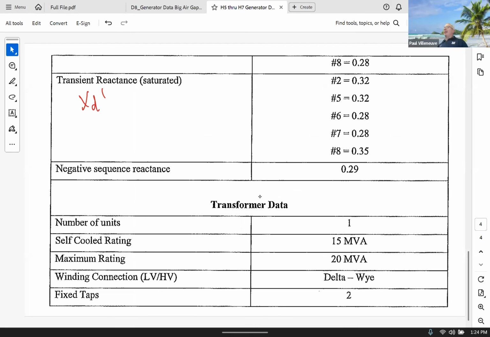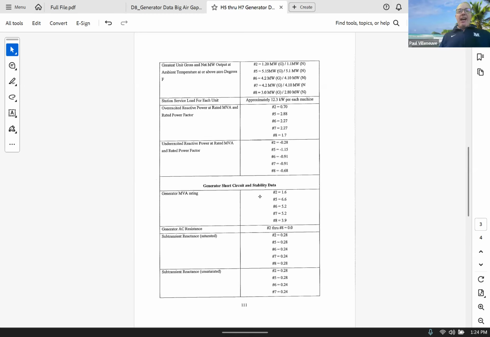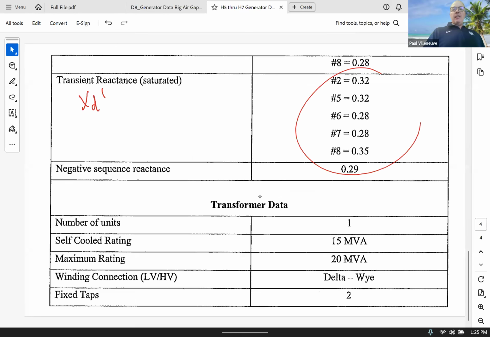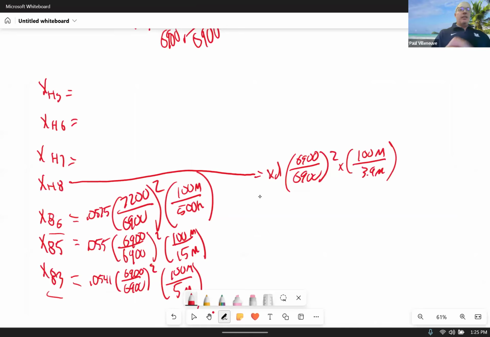So the value that I would have picked, I would have had to pick XD prime or XD double prime. I wouldn't have been able to use the steady state one because I don't have any values that tells me steady state, right? So I would use this data over here. So for generator number 5, this is going to be equal to 0.32.